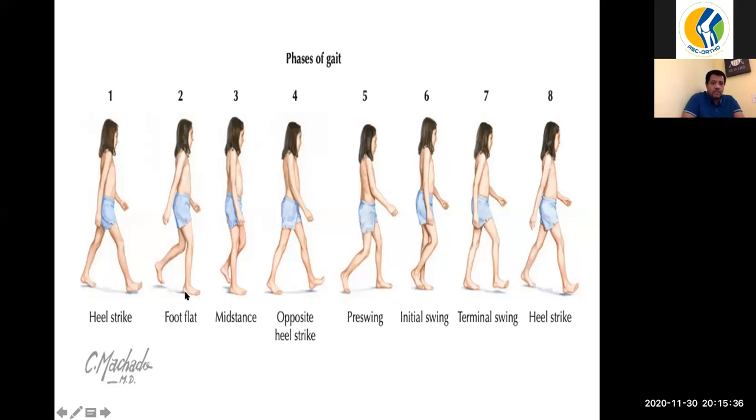Also, in this phase, the person usually stands on just one leg. So the whole weight is transmitted to the floor through these joints. And also here. So we need to understand the mechanism of doing these things.